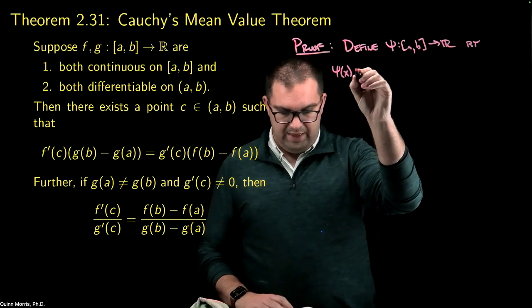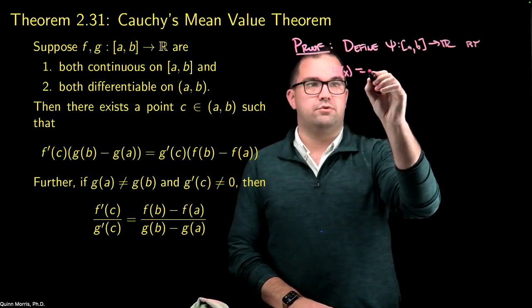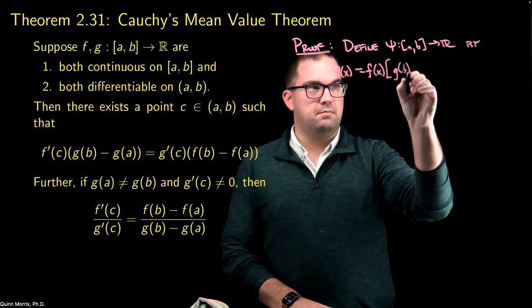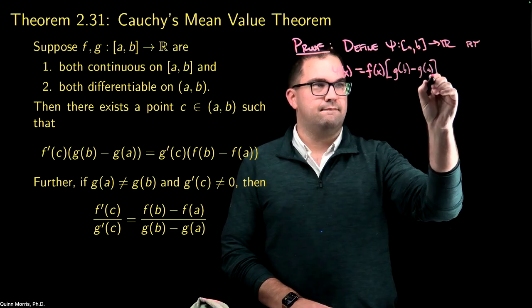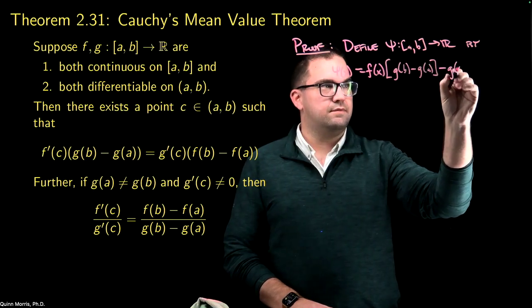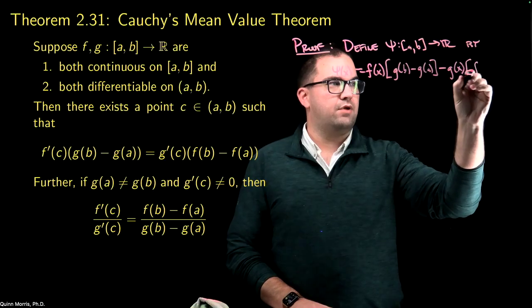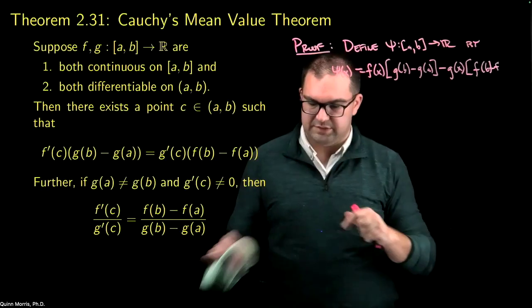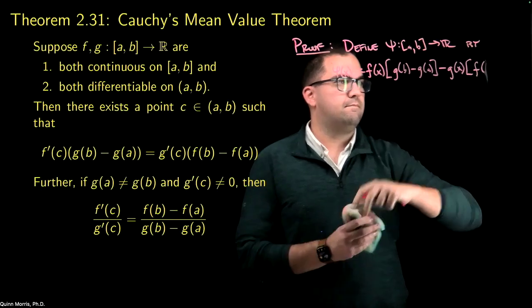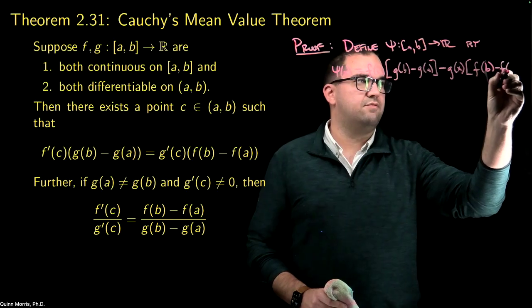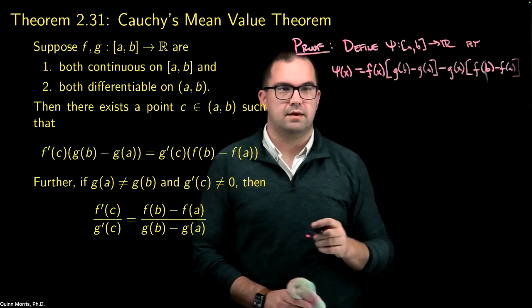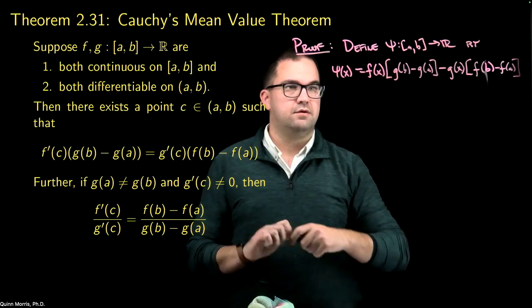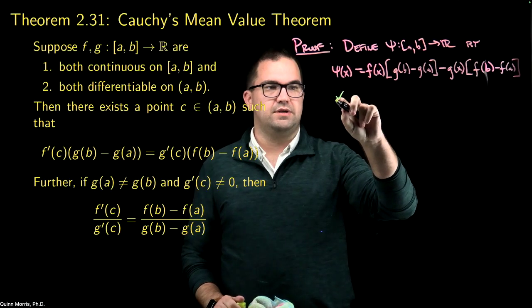Psi of x is going to be equal to f of x times g of b minus g of a, minus g of x times f of b minus f of a. Okay.